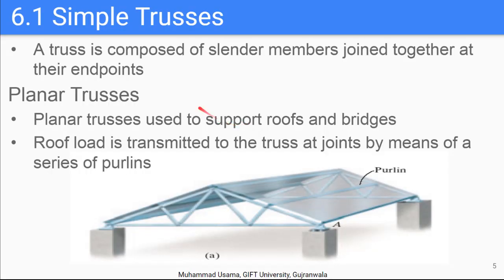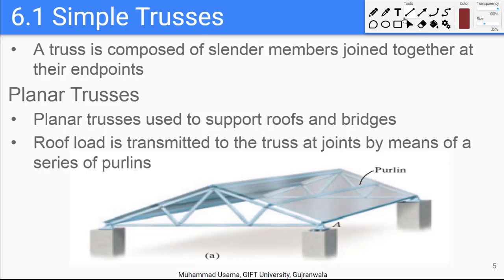A truss is a structure which is composed of members which are joined at their endpoints. So like this roof here, this roof can be considered to be made out of these smaller slender members, and each of these members is connected to the others at their endpoints.